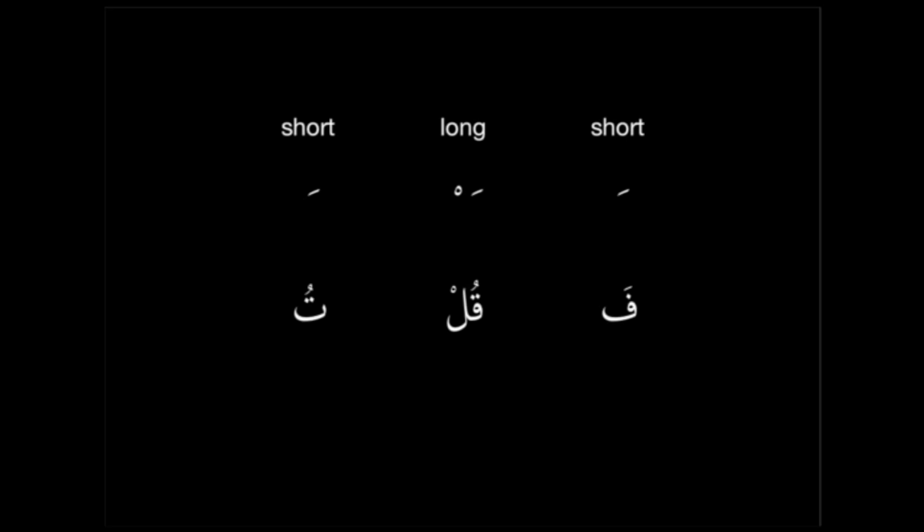Now you see these symbols I've used here? They look like a fatha and a sukoon. Instead of writing short and long over the syllable, we use this symbol to help us understand. It's just a symbolic notation system for the length of syllables. So short syllables just get a haraka, like a fatha.